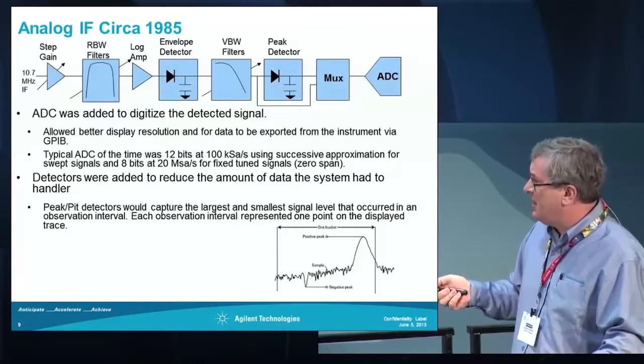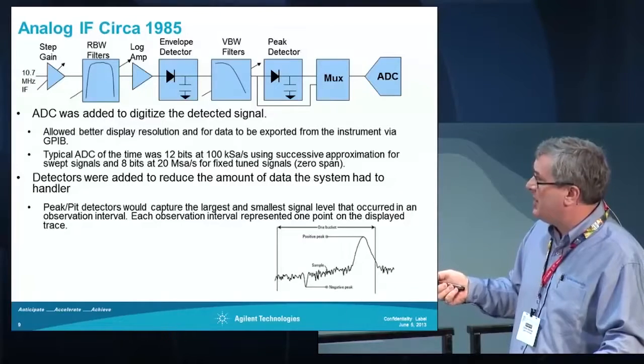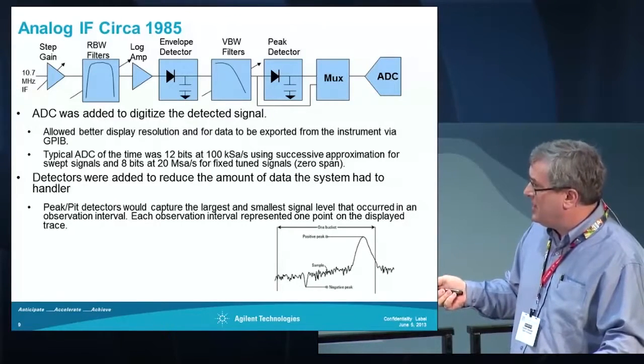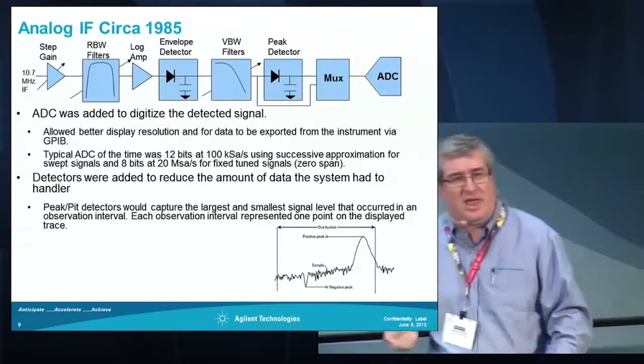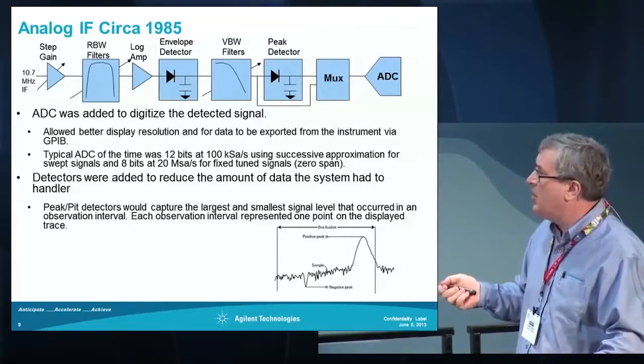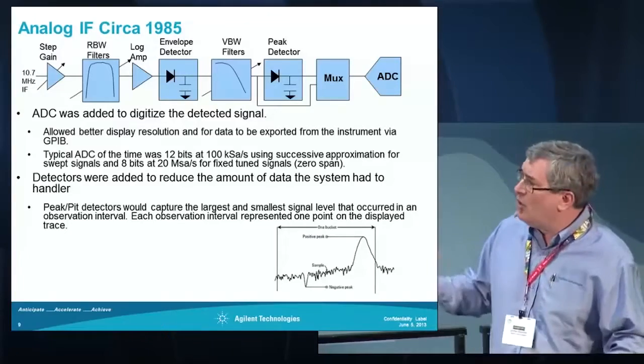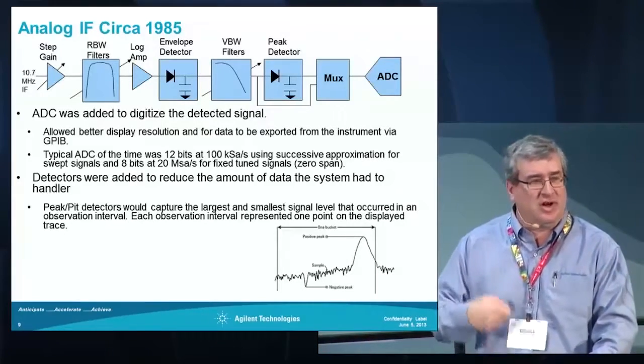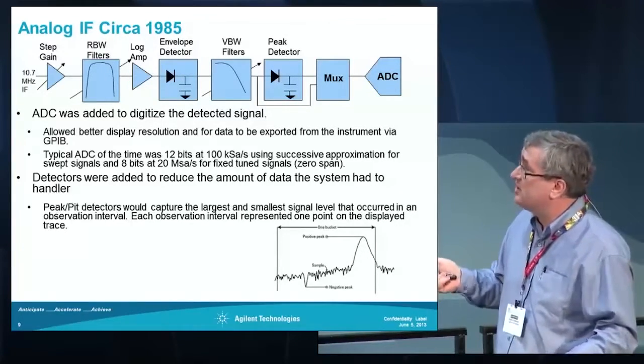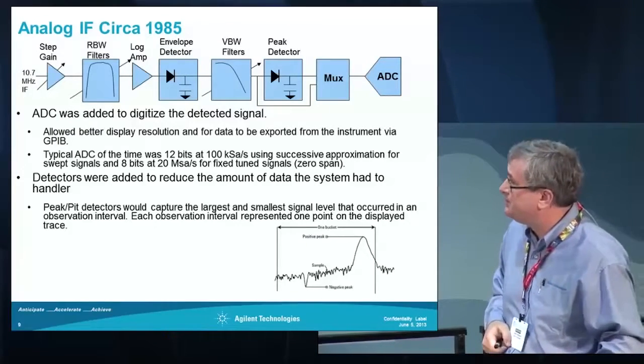And what this detector is allowing us to do is we could find the peak within the bucket and report the peak, we could report the negative peak, or a midpoint in it. And by controlling how we do these detectors, we can actually start simulating some of the noise data that you would have seen on an analog display. So that's what's going on with these detectors that showed up at this point.